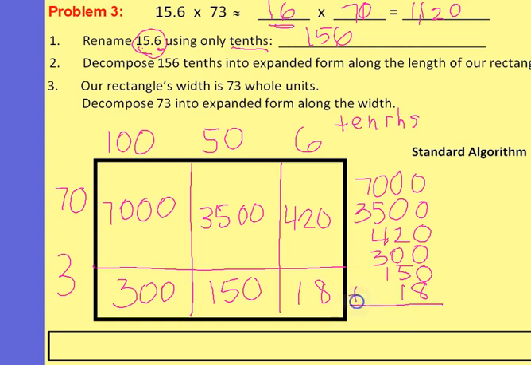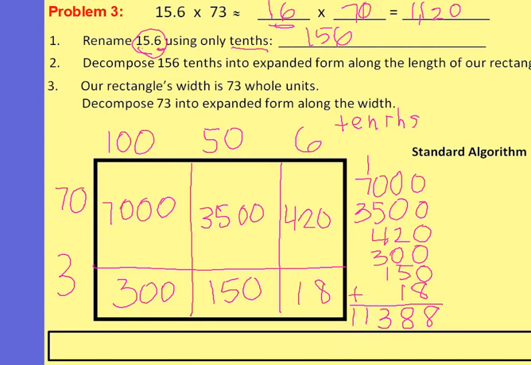And I do want to make sure that I'm very neat and organized with my figures because I'm going to be adding those columns up. So I'll have 8, 2 and 5 is 7, plus 1 is 8, 5 and 4 is 9, plus 3 is 12, plus 1 is 13, 7 plus 3 is 10, plus 1 is 11.